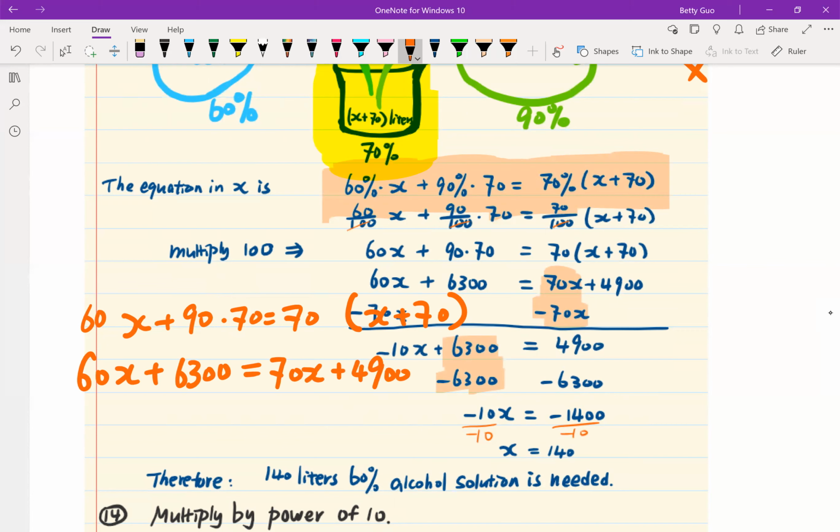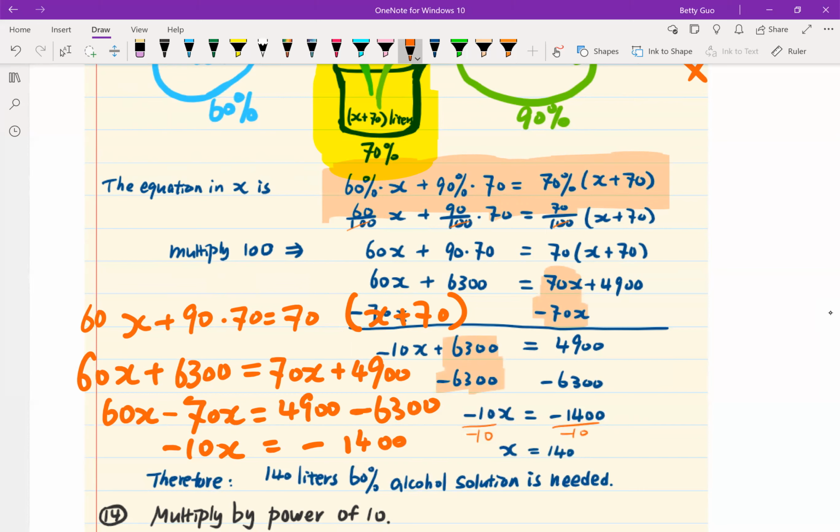We can move 70x over. We have 60x minus 70x. Move 6,300 over. We have a negative 6,300. Combine like terms. 60 minus 70, negative 10x. 4,900 minus 6,300 gives us negative 1,400.